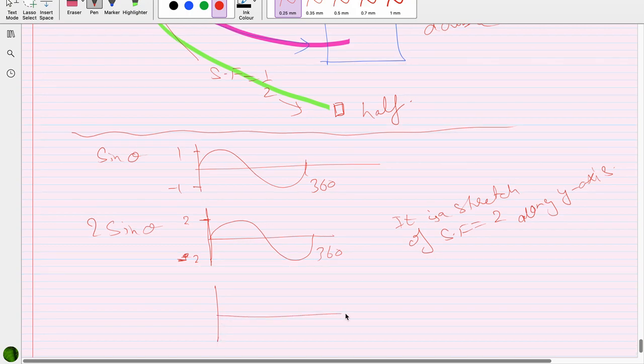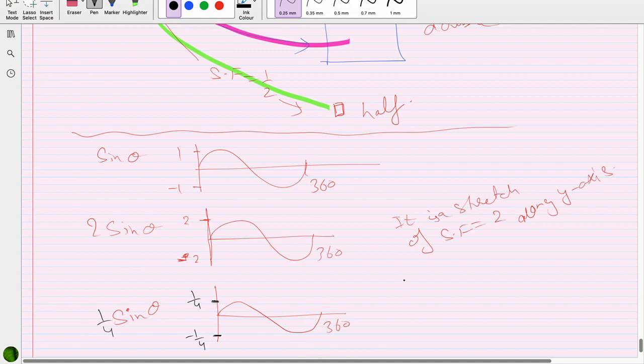Same graph completes in 360, so I'm very sure it is sine theta, but I'm not sure what the amplitude is because the information is missing. So if I write 1/4 and -1/4 here, so now I know I can write 1/4 here, right? This is still sine.